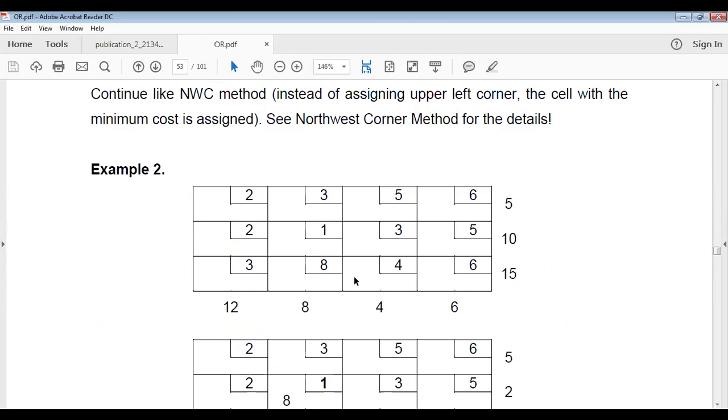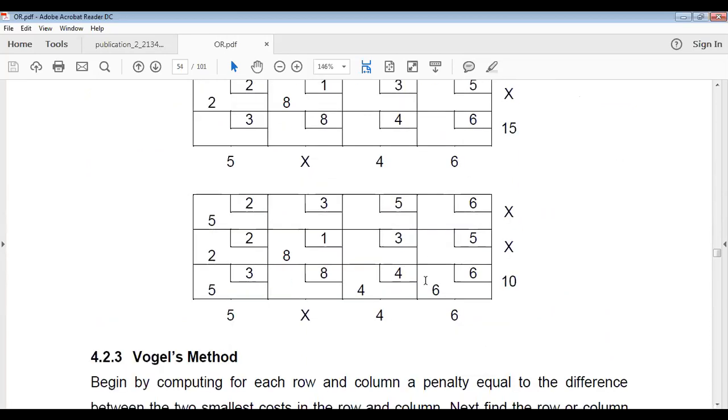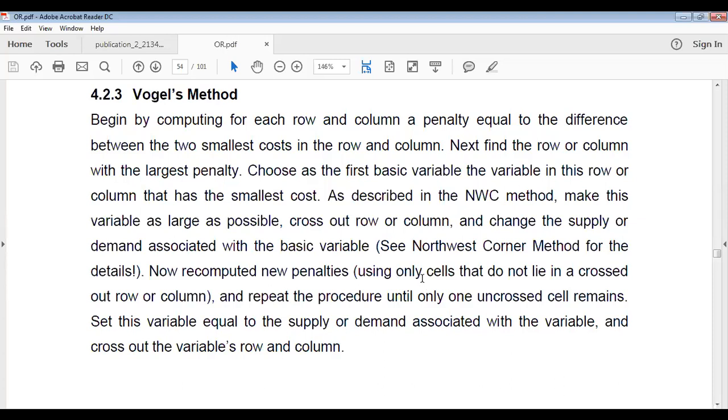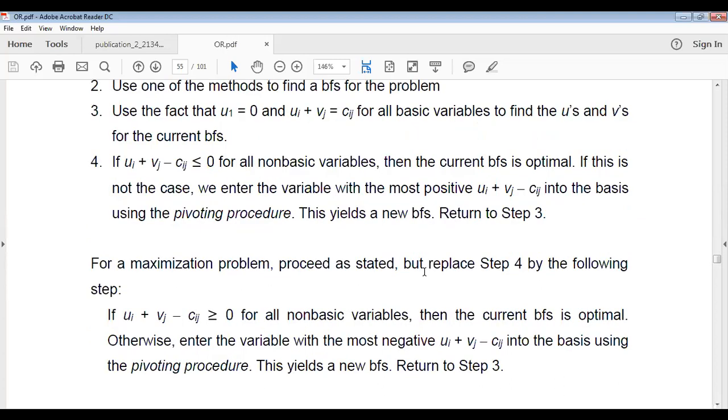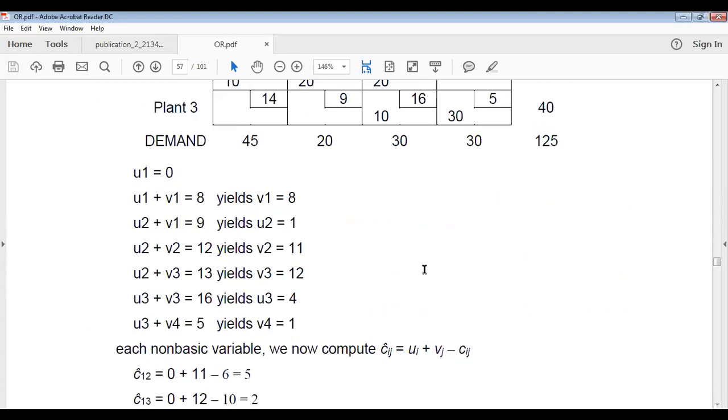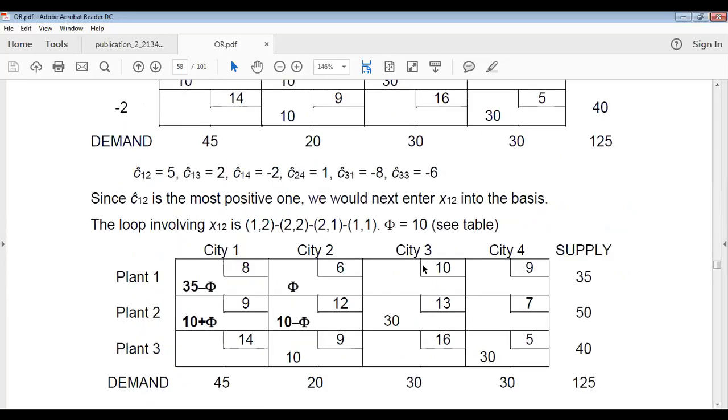Therefore, Vogel's approximation method is found to be the best method among all the methods while considering the transportation of certain problems. So this is another UV method or something like that.